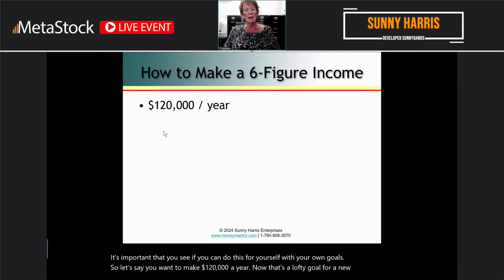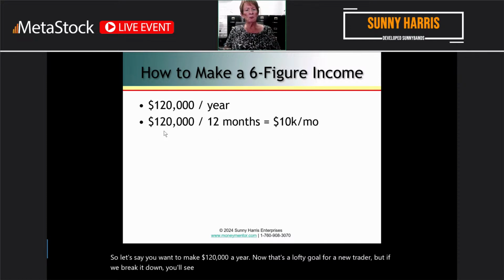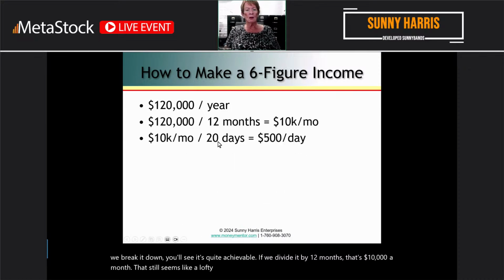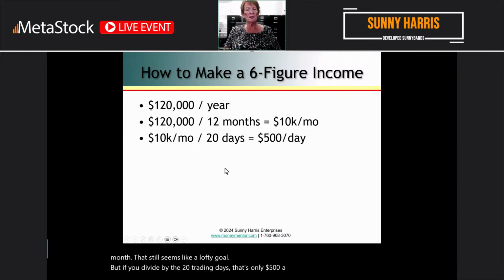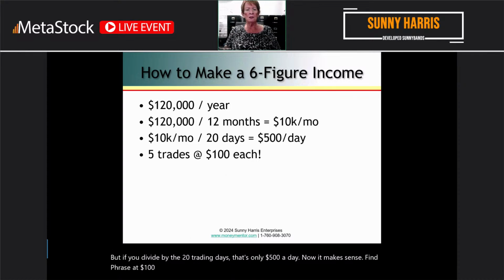But if we break it down, you'll see it's quite achievable. If we divide it by 12 months, that's $10,000 a month. That still seems like a lofty goal. But if you divide by the 20 trading days, that's only $500 a day. Now it makes sense. 5 trades at $100 each will make you $120,000.